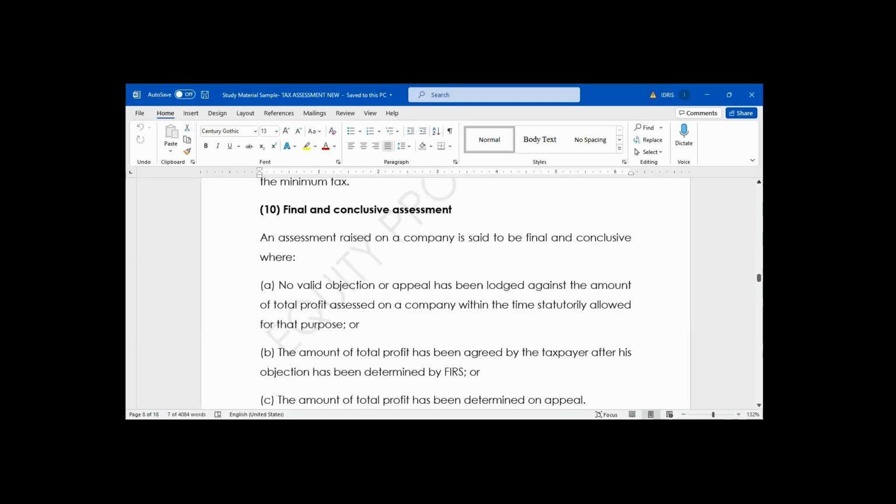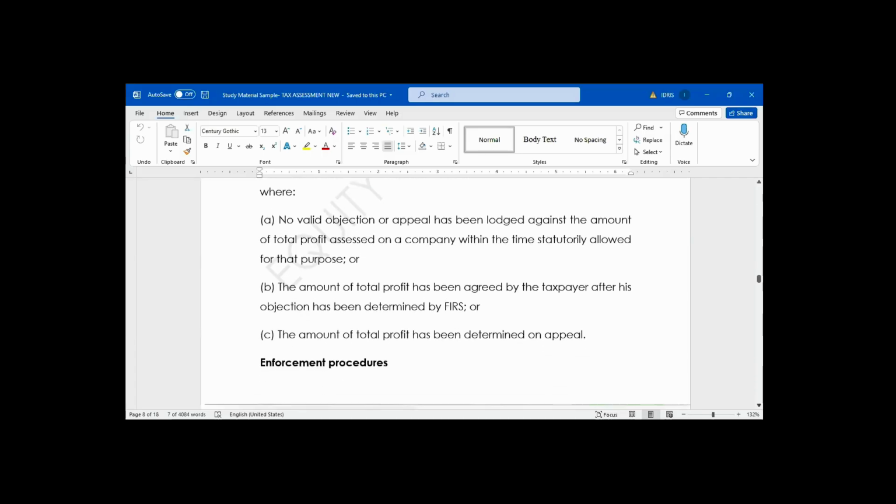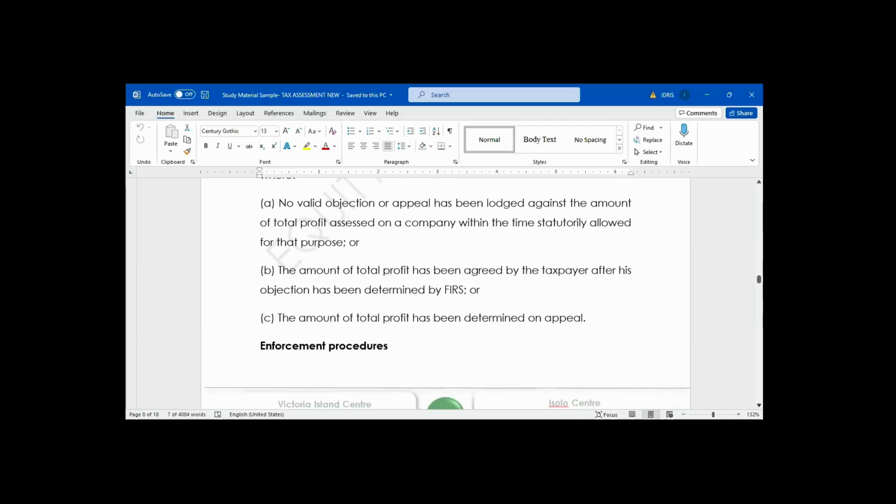An assessment raised on a company is stated to be final and conclusive when no valid objection or appeal has been lodged against the amount of total profit assessed within the time frame, when the amount of total profit has been agreed by the taxpayer after its objection has been determined by FRS, or when the amount of total profit has been determined on appeal. That is final and conclusive assessment.